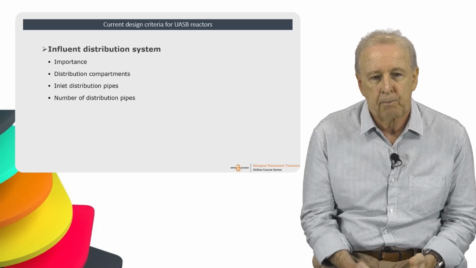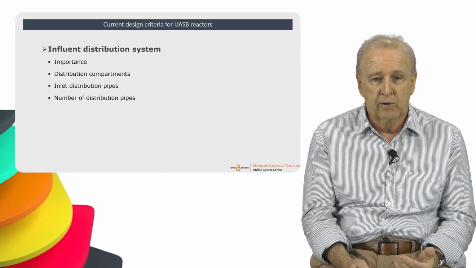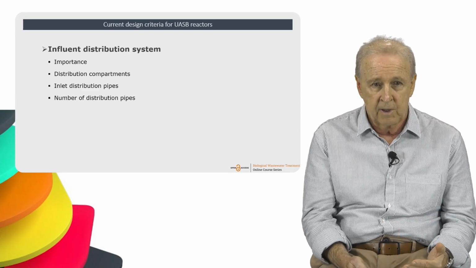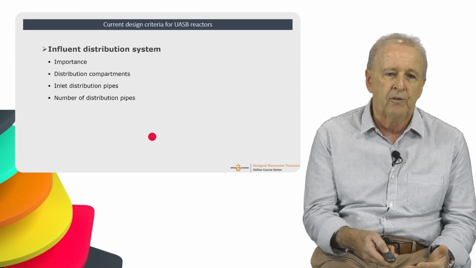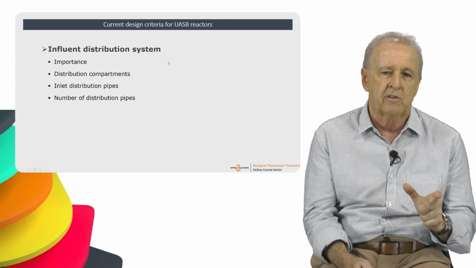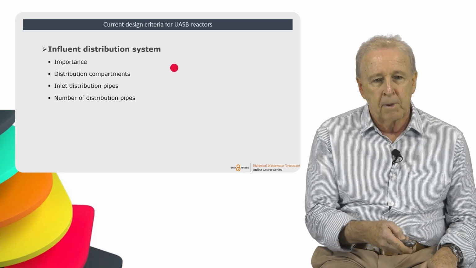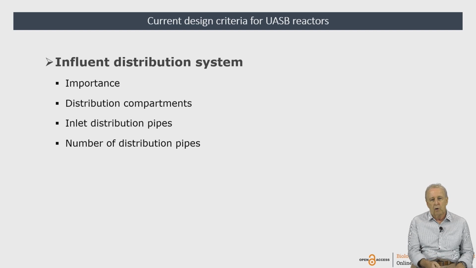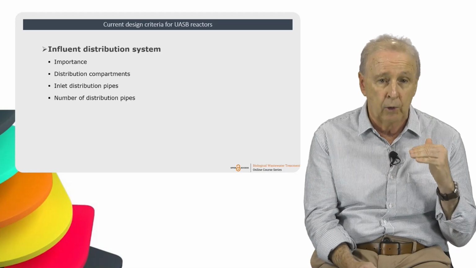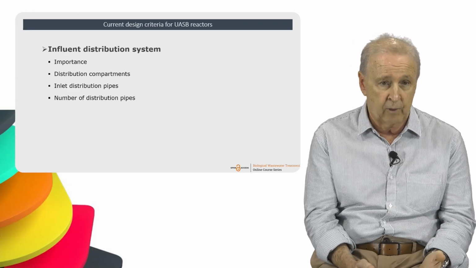Now we go to some important components of the UASB reactor that are also very important for the good functioning of the system. I would say that the influent distribution system is one of the most important systems for a good design of the UASB reactor. It's very important because, as the wastewater has a low concentration in terms of COD, the biogas production will be proportionally low, compared, for instance, with a very concentrated industrial effluent.